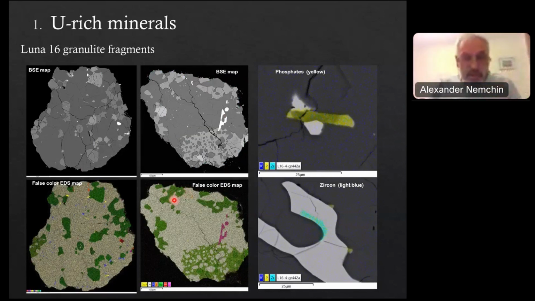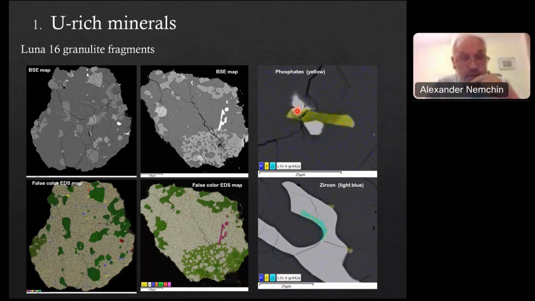Okay, so another last example from this group of materials is represented by lunar 16 granulite fragments. And again, granulites, I've never really looked at them before recently. But all of a sudden we found that some of these materials contain quite a lot of phosphates.